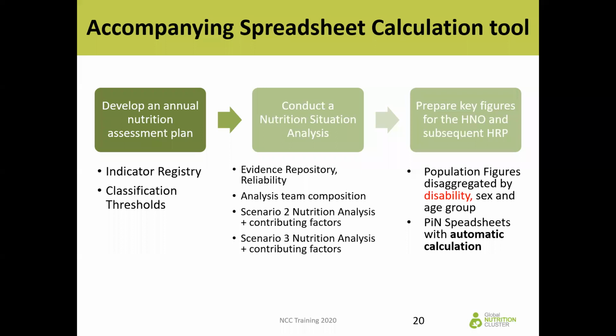So the worksheet is quite easy to use, and I'm sure the information management officers will have tons of feedback to give, but hopefully it'll be very useful to once again streamline this analysis and preparation of the key figures for the HNO and subsequent HRP.